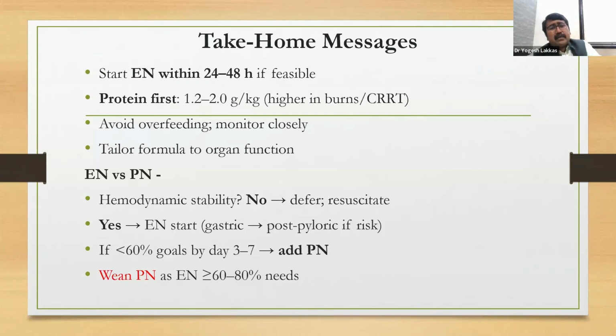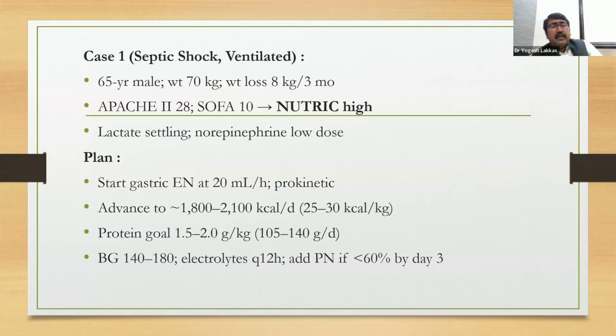If it is there, then go for enteral nutrition and escalate according to the need of the patient and daily monitoring. Post pyloric can be used if less than 60% of goal is achieved by day 3 to day 7. You can add parenteral nutrition, and wean the parenteral nutrition as the enteral nutrition needs are achieved, like when more than 60 to 80% is being taken by the patient.